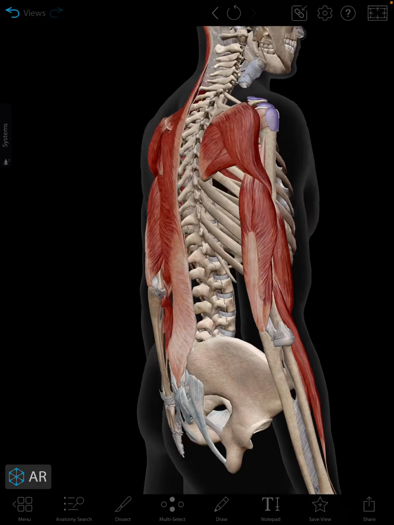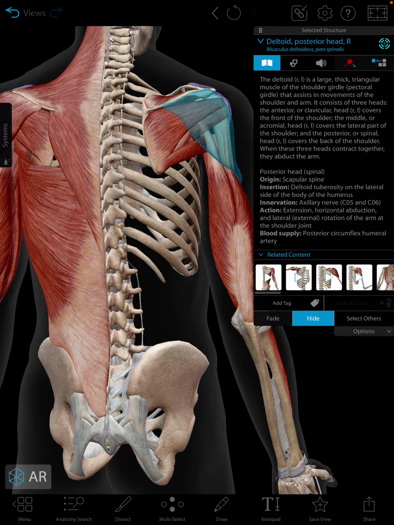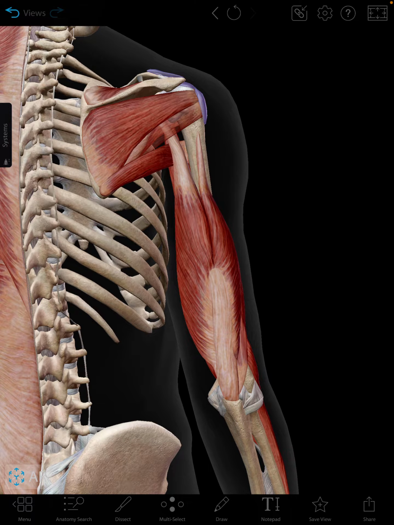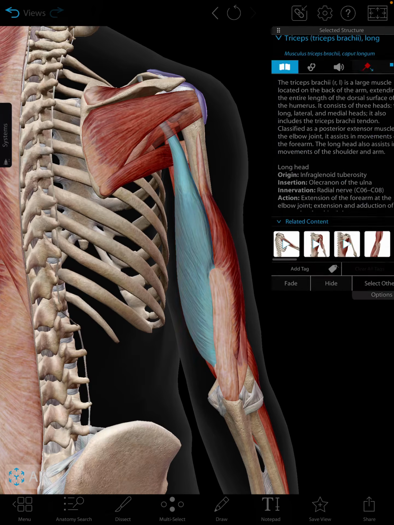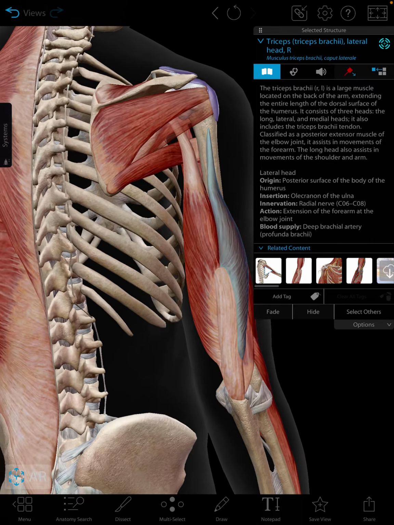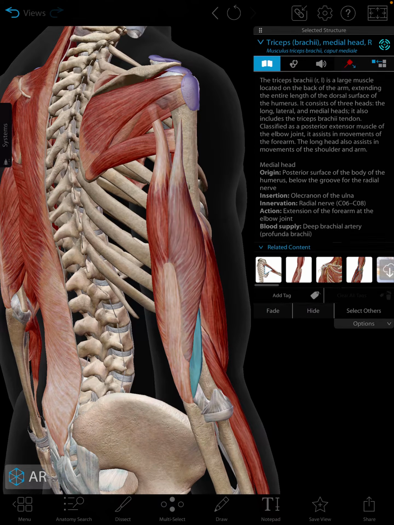Now the last one that we're going to look at is, if we rotate posteriorly and hide this part of the deltoid, we can see our triceps muscle. If biceps meant the two-headed muscle on the arm, then the triceps brachii means the three-headed muscle on the arm. And that's exactly what we see. We have a long head here, we have a lateral head here, and then if we rotate slightly laterally, we can see this small sliver of what's called the medial head.